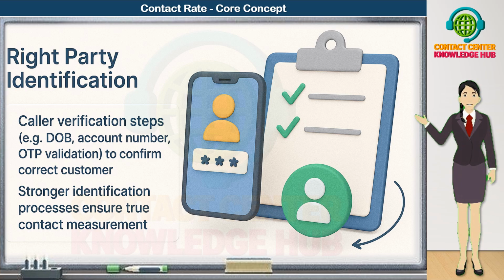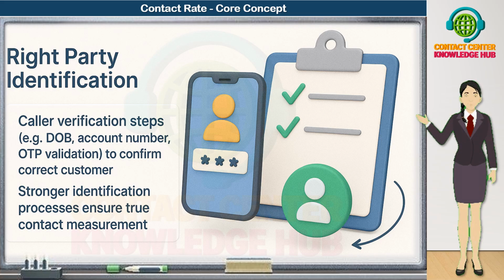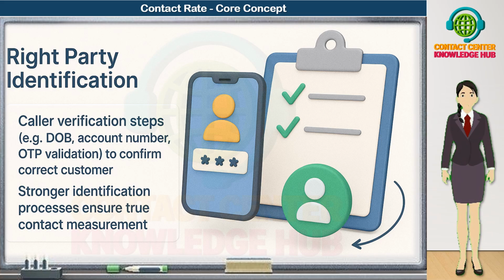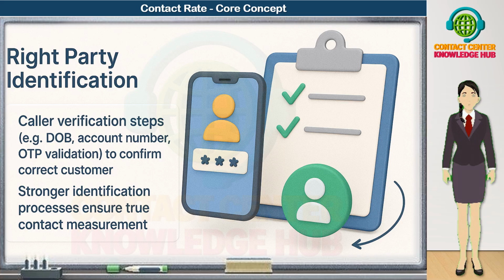These steps may include confirming the date of birth, account number, or using one-time password verification. Such checks ensure that the agent is speaking to the intended customer, not a family member, receptionist, or wrong number. Remember, strong identification not only improves data accuracy but also ensures your contact rate truly reflects meaningful, verified customer interactions.